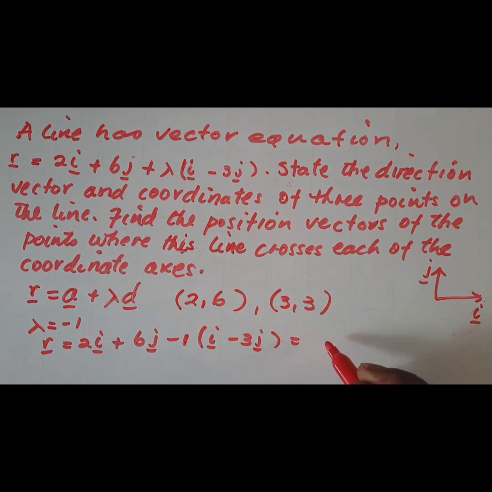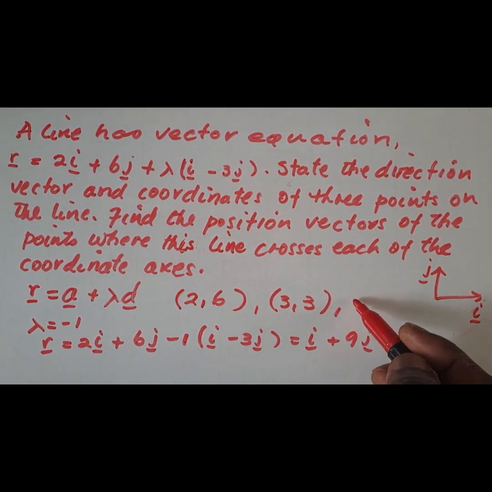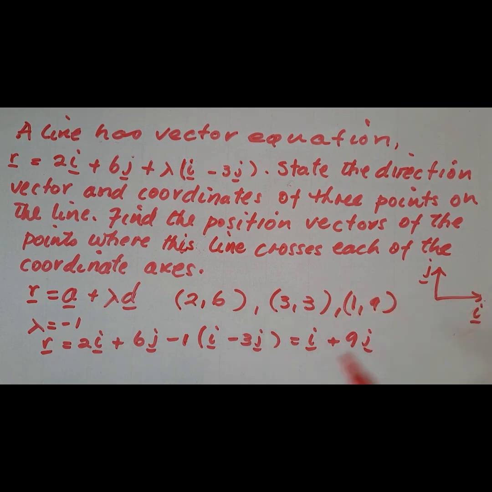And this evaluates to give us i add 9j. This gives us our third set of coordinates, which is 1, 9. So we have 3 points on the line: 2, 6, 3, 3, and 1, 9.